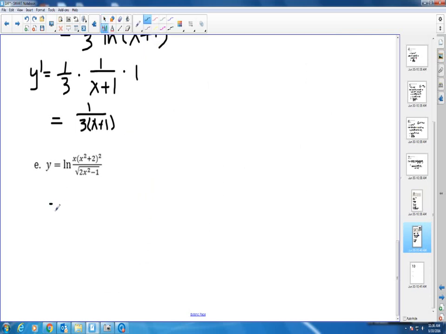Alright, so I'm going to rewrite this. The division means the top will subtract the bottom. So that would be natural log of x times x squared plus 2 whole thing squared, minus the natural log of the bottom, which is 2x squared minus 1 to the half power.